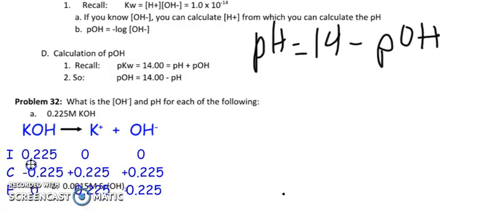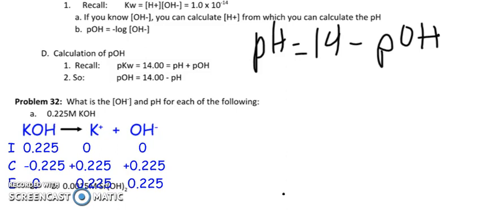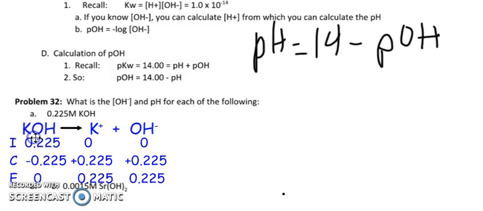So I set up an ICE table, and we start off with 0.225 molar. ICE has molarity, not moles. Then notice that we start off with no potassium, no hydroxide, but 100% of this will be converted into K plus and OH minus, and this is what's going to be really important.